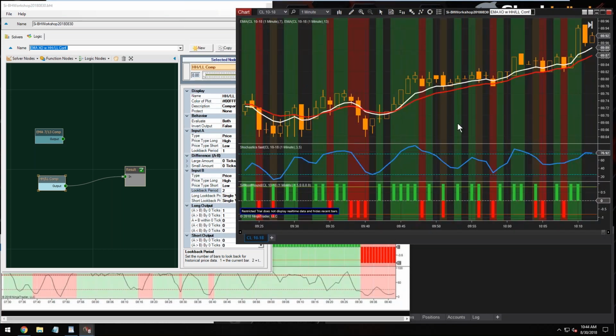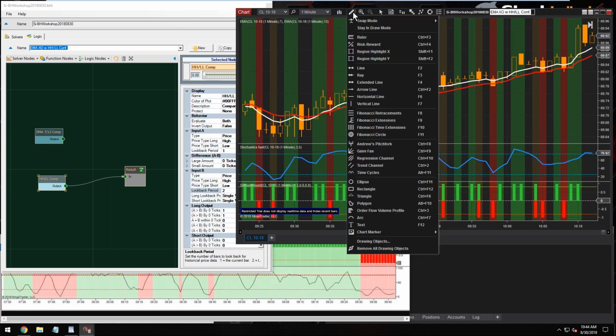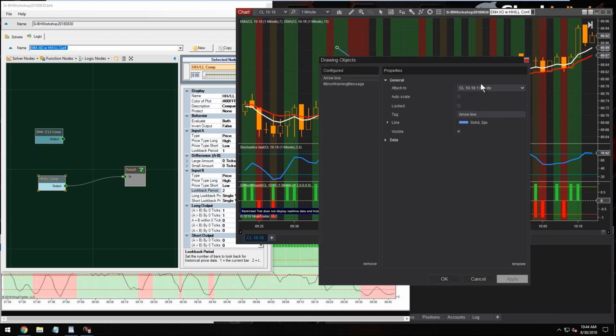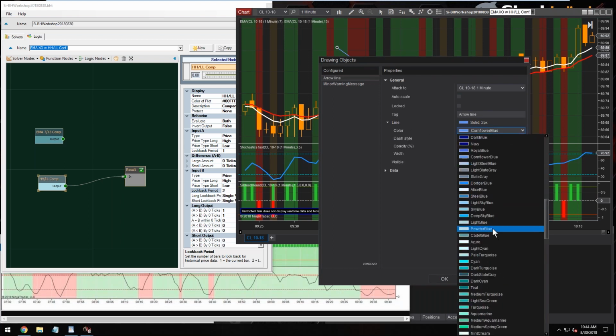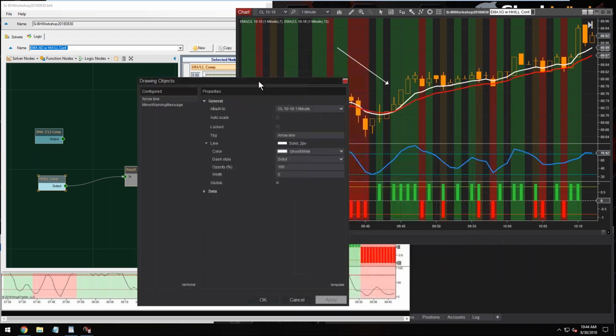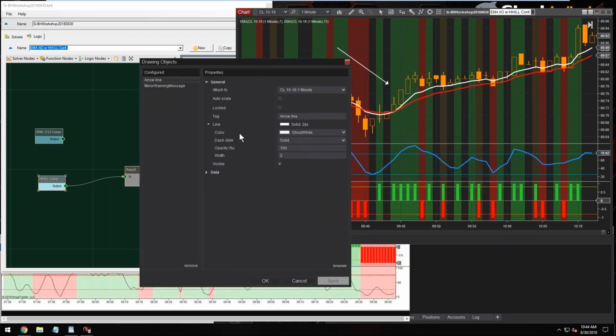Let's stretch this out. So yeah, let's get an arrow on the chart here. I can tell it's going to be a little bit of a process getting my NinjaTrader 8 to have the same kind of look and feel as Ninja 7, especially with all my little drawing tools.